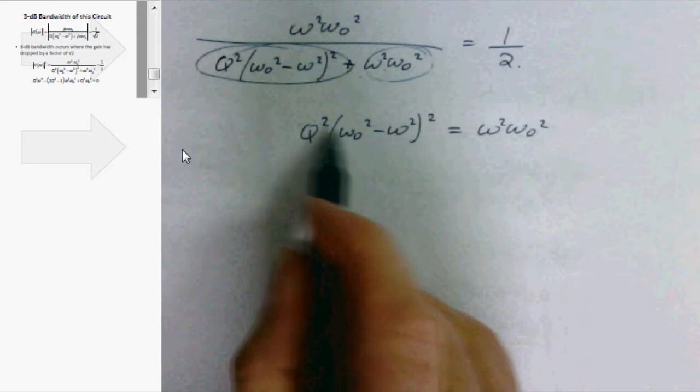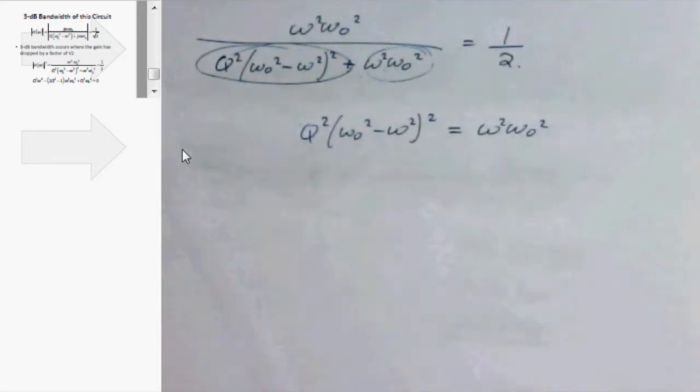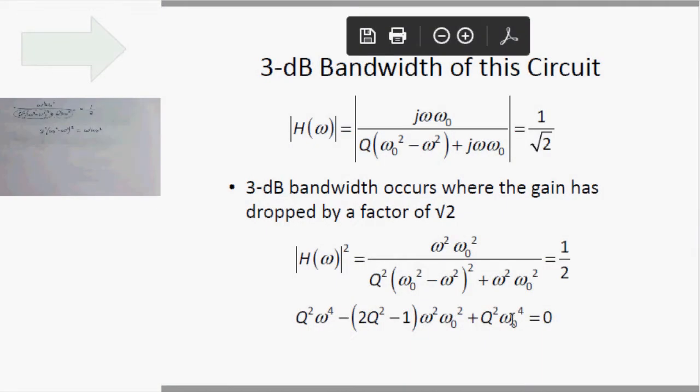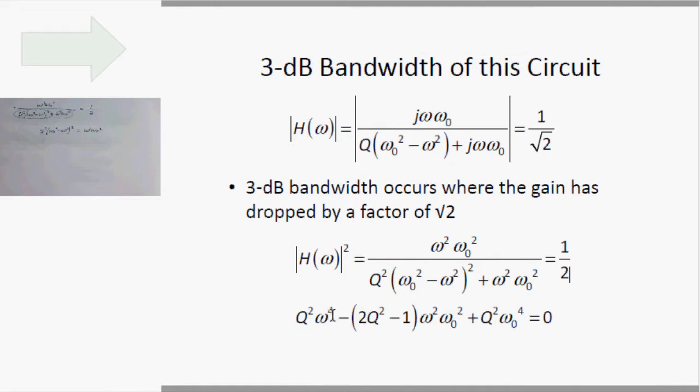Multiply out the brackets here and rearrange, and we end up with this formula here. It's a quadratic expression in omega squared. If you solve this quadratic for omega squared, you will end up with two possible values for omega squared, and therefore 4 possible values for omega. But only 2 of the possible values of omega are positive, and it's the 2 positive ones that we're interested in. It's tedious algebra to go through.